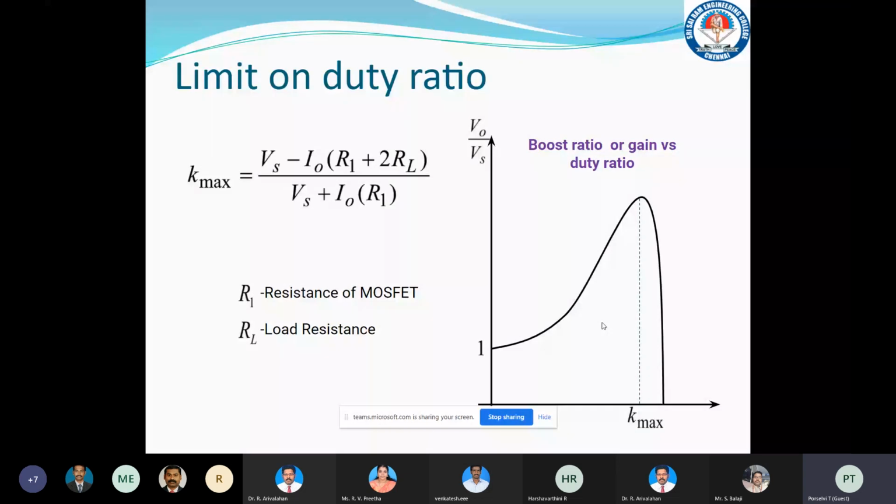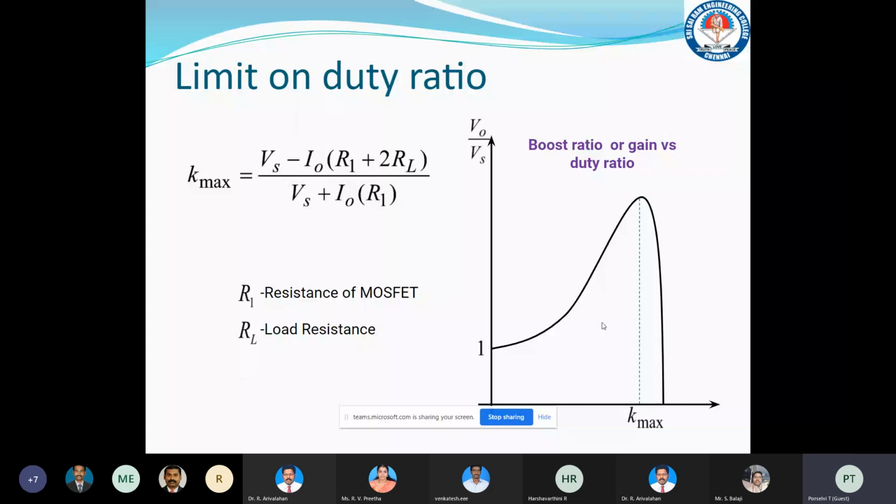After that, even if the K value is increased, the boost ratio is going to decrease. So we cannot use such K values. Our aim is to boost the input voltage. That is the purpose of the boost converter. So we have to maintain the K value between 0 and the maximum value of K, which is K max. After which, even if you increase the K value, the gain of the converter is going to decrease.